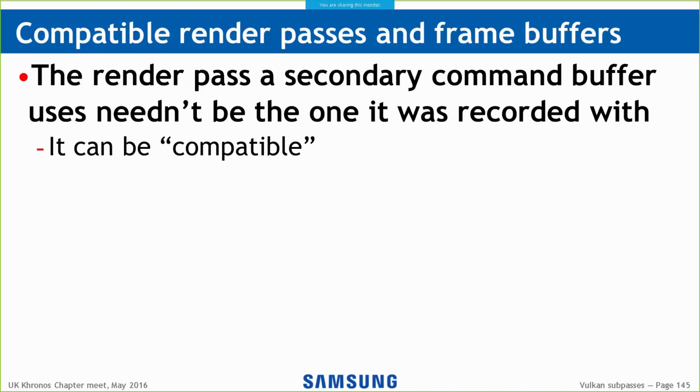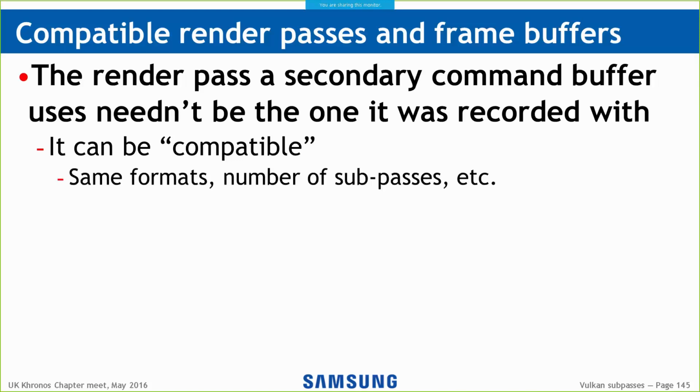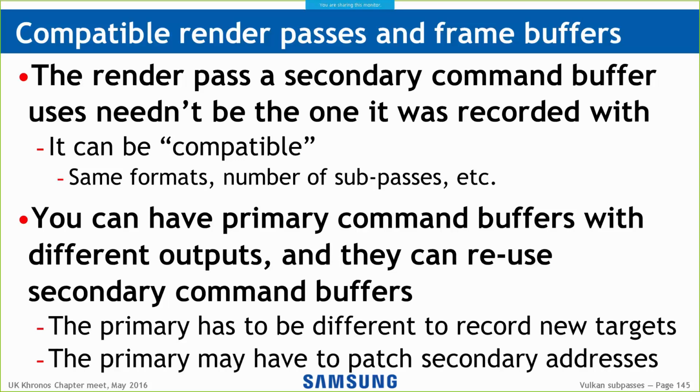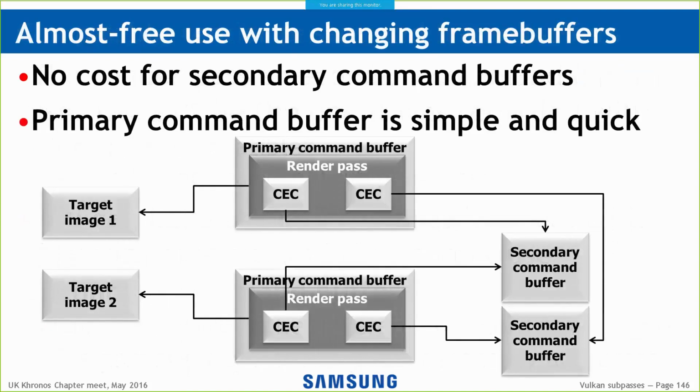So you need the same number of formats, you need the same subpass count, that kind of thing in the secondary command buffer. And then you lightweight generate a primary command buffer with different outputs, and then you can inject secondaries from that. And as I was saying earlier, you may have to patch addresses or something like that. The secondary command buffers just exist. Primary command buffer invocation of them should be fairly lightweight.